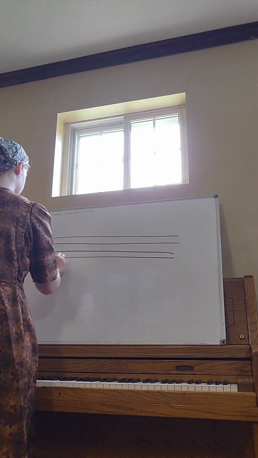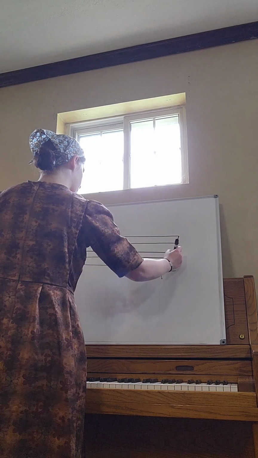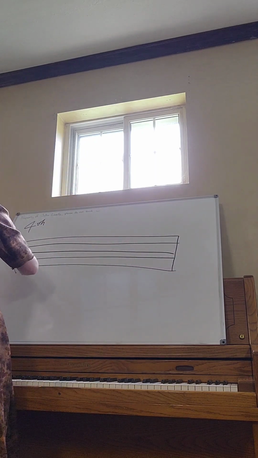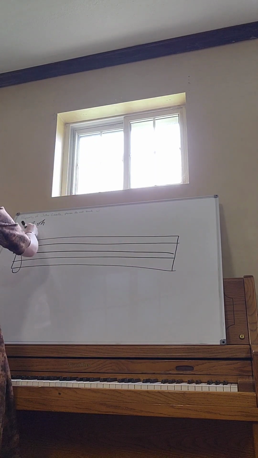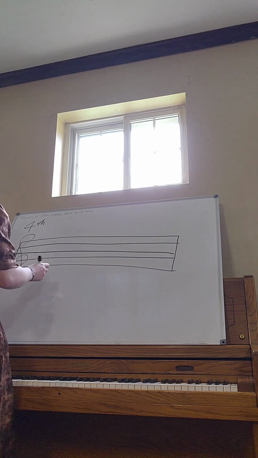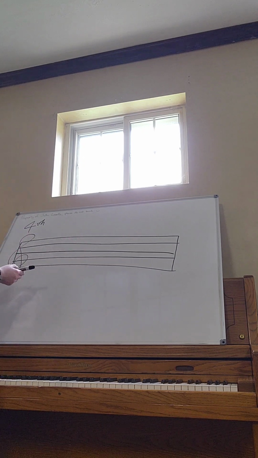I'm just going to write this down. Put my treble clef there. All right. So, a perfect fourth, written as P4, is a generic fourth on the staff, and it's made up of 5 half steps.